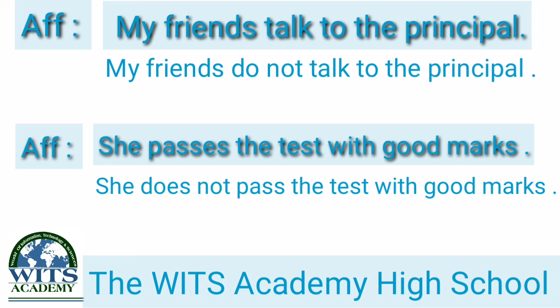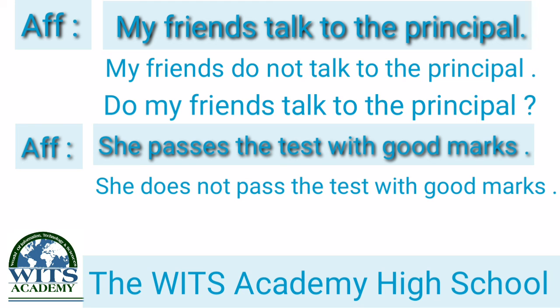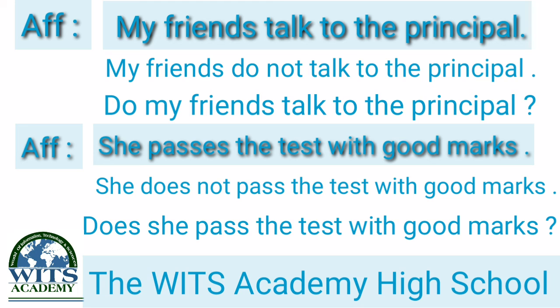Okay? And to make an interrogative sentence we simply use do or does at the start of the sentence, as in do my friends talk to the principal? And does she pass the test with good marks?